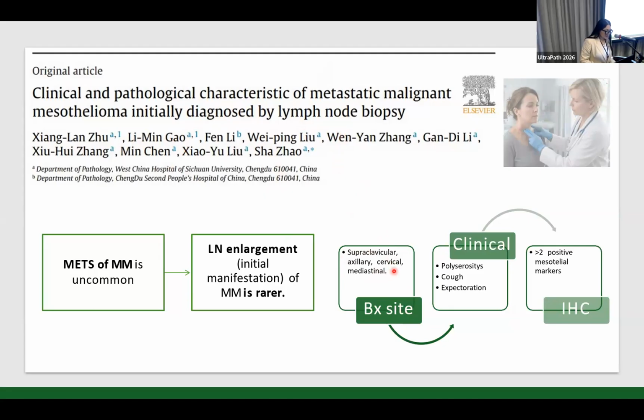The locations of these biopsies were supraclavicular, axillary, cervical, and mediastinal, and all the patients presented polyserositis. Some of them presented cold expectoration, but all these cases presented 2 or more mesothelial markers.